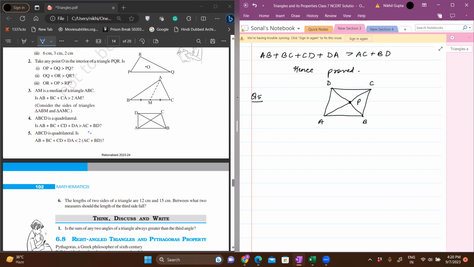So what we can do, we use the same property, the sum of the length of any two sides is greater than the third side.